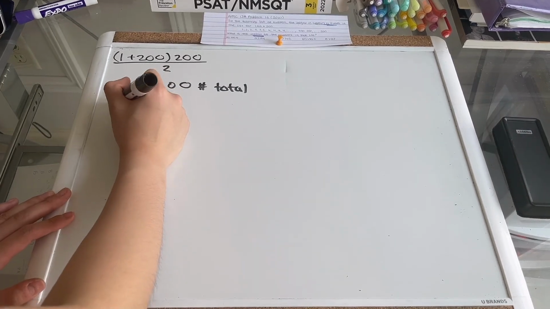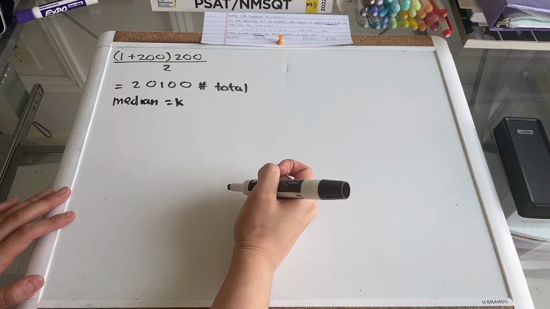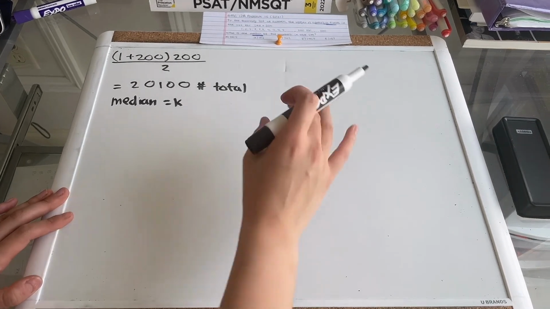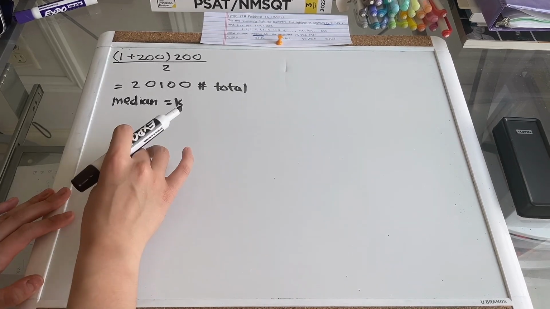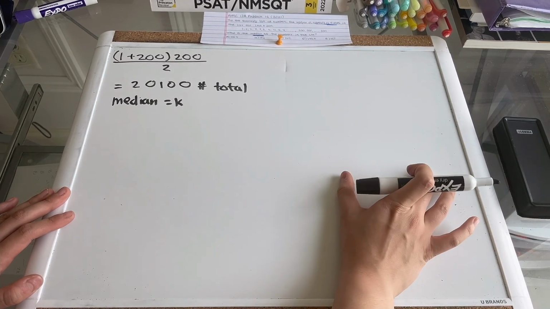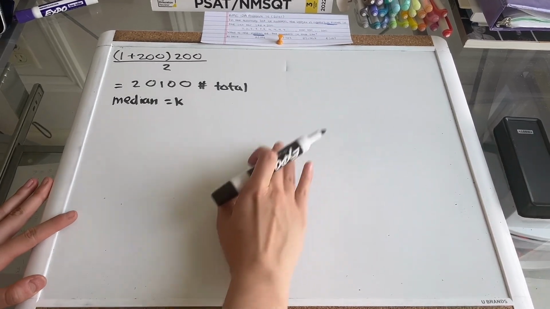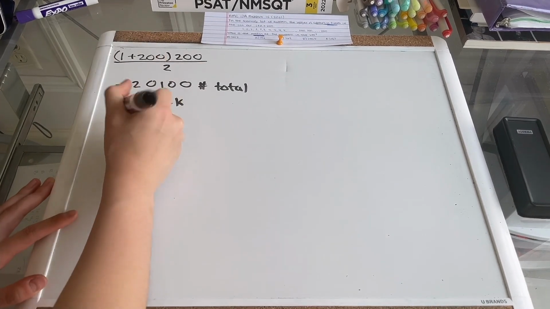Let's just let the median equal k. So how would we know what to write to make an equation? The median is a number, but it is not going to be 100, since there are 200s of the number 200, so it is not going to be the middle of the numbers. Rather, we can use the same equation right here.